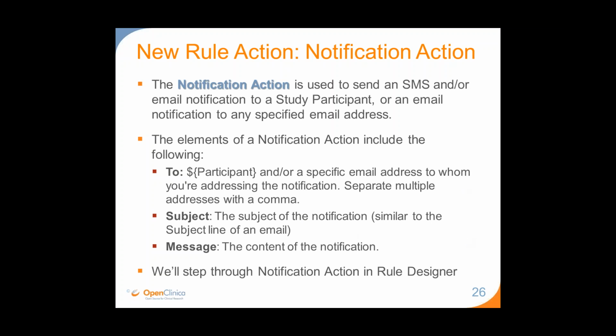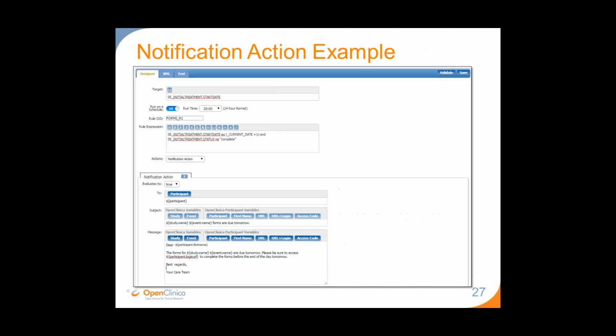I'm going to step you through the notification action rule by using Rule Designer, just because you can see things more clearly there. But here's the way it works. The target is what triggers the rule. So in this case, I want the initial treatment start date to trigger the rule.